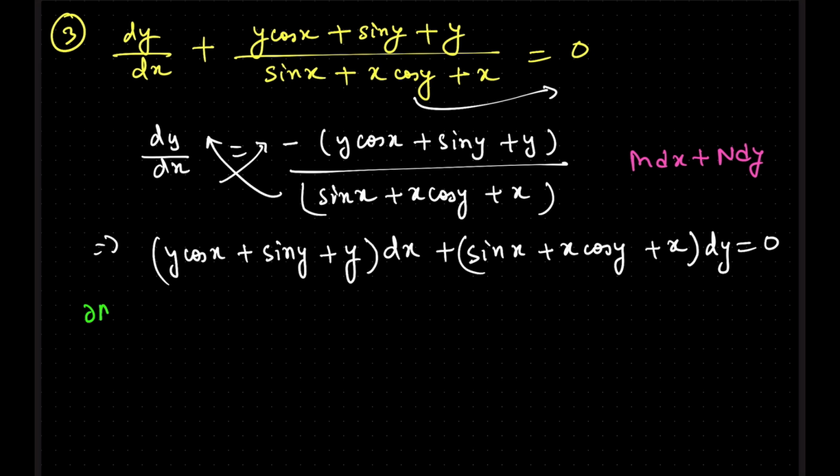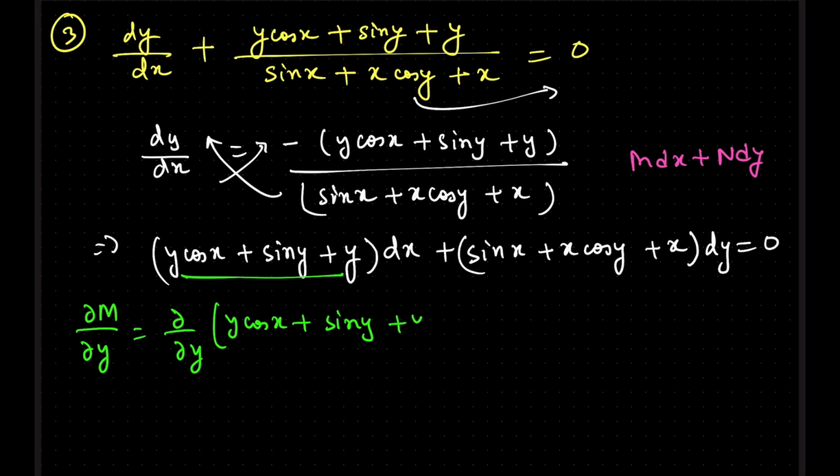M is y cos x + sin y + y. Here cos x will be constant because we are partially differentiating with respect to y, so cos x will be as it is, and when y is differentiated you get 1, plus when sin y is differentiated we get cos y, then again you will get 1.